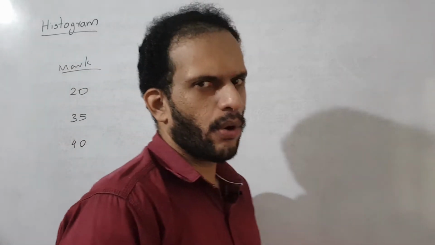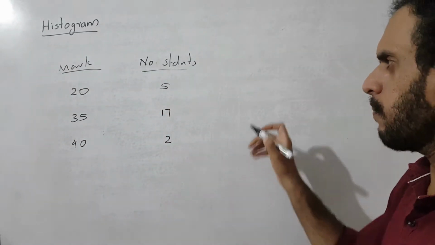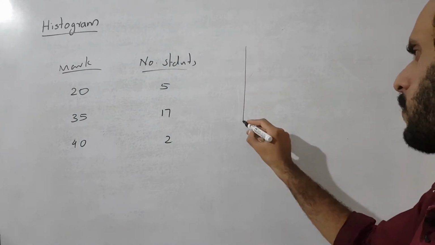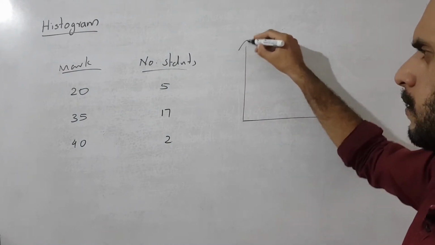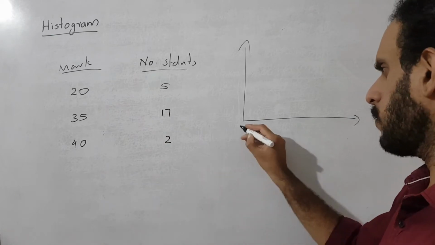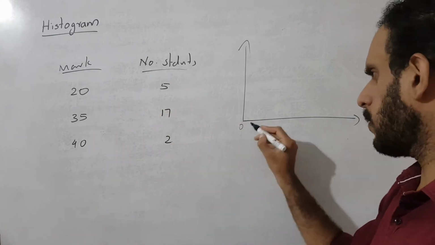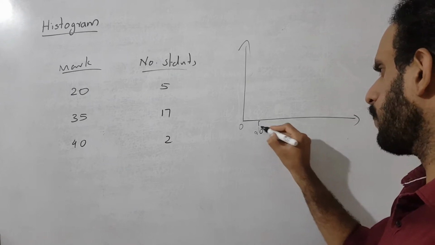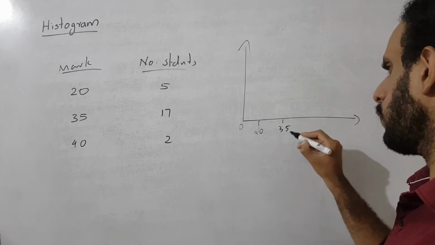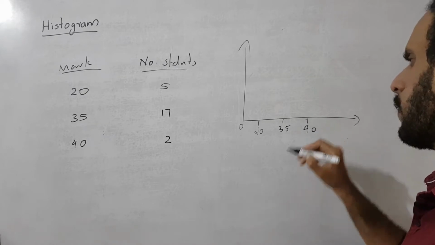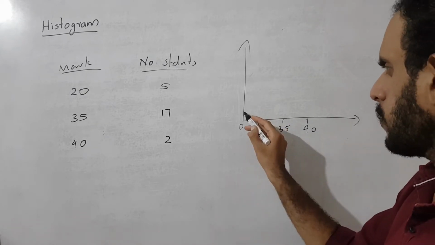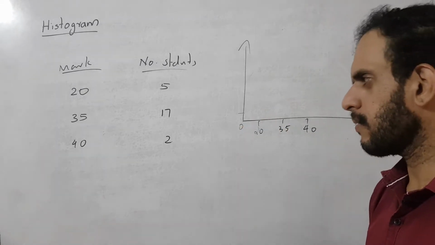After that, we draw the bar graph, and we mark on the x-axis the things based on the marks: 0, then marks 20, 35, 40. Then we take the unit distance on the y-axis, correct?